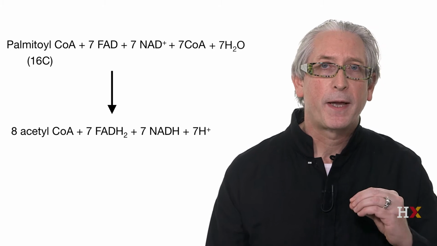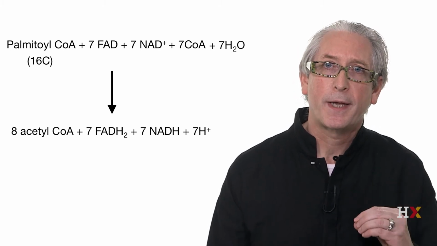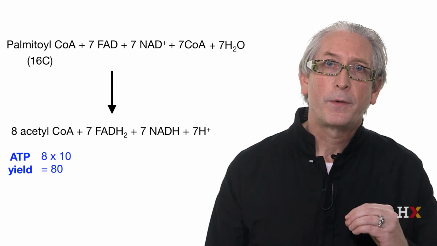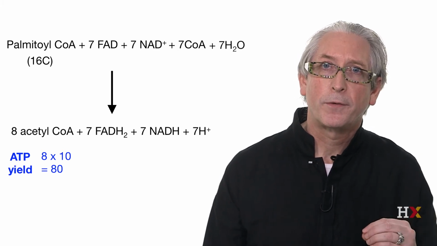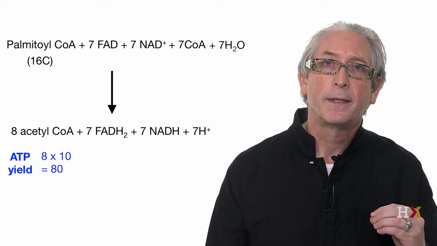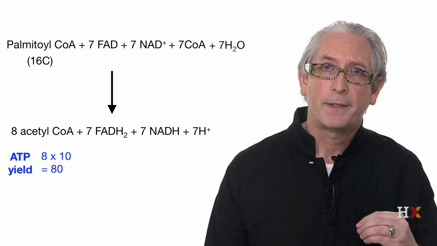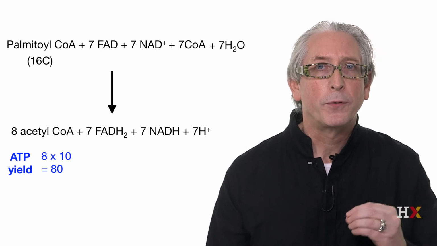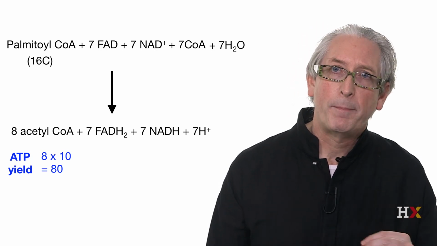Each acetyl coenzyme A entering the citric acid cycle will yield 10 ATP. So if the 8 molecules of acetyl coenzyme A that are released enter the citric acid cycle, a total of 80 molecules of ATP will be produced per molecule of palmitoyl coenzyme A.